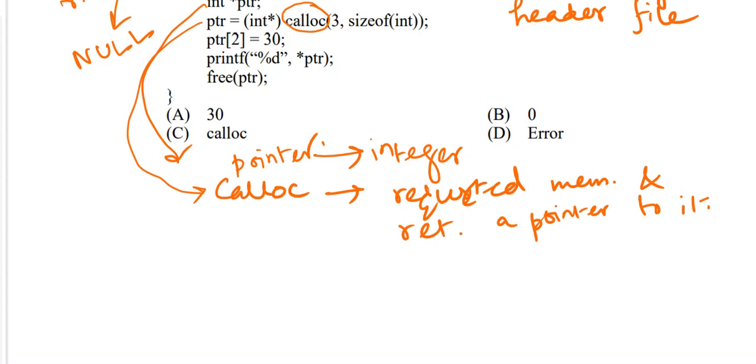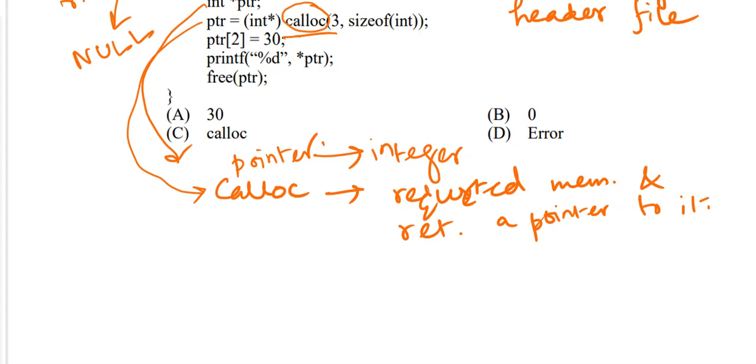And what is the difference between malloc and calloc? Malloc does not set the allocated memory to 0. There are two dynamic memory allocation functions, one is malloc and another one is calloc.